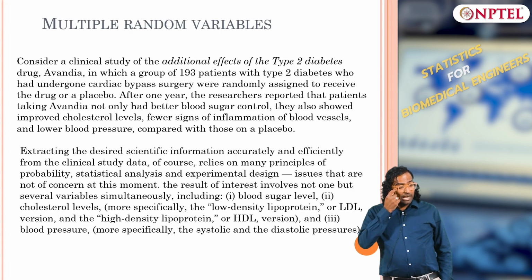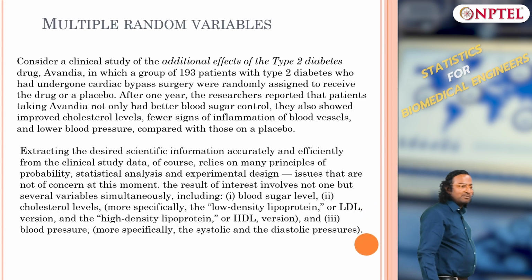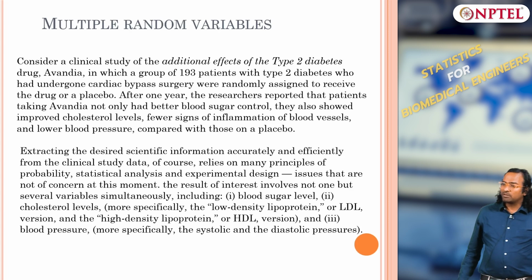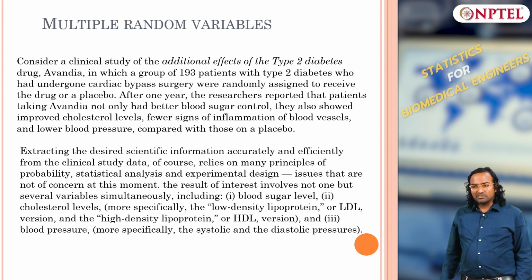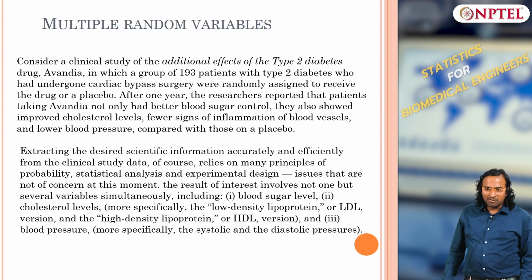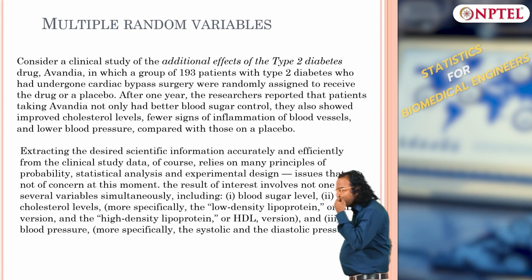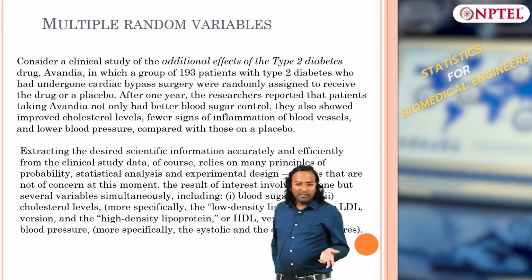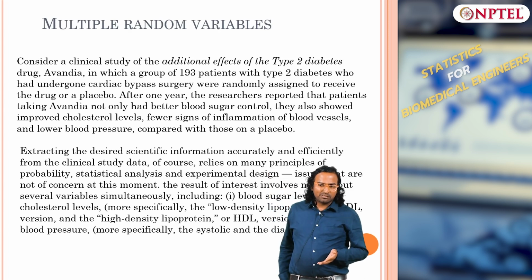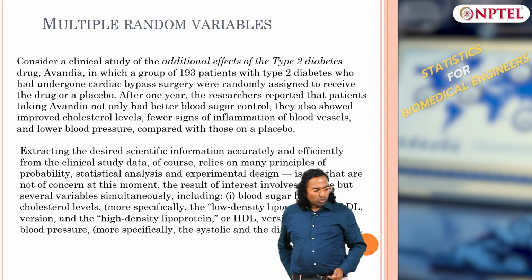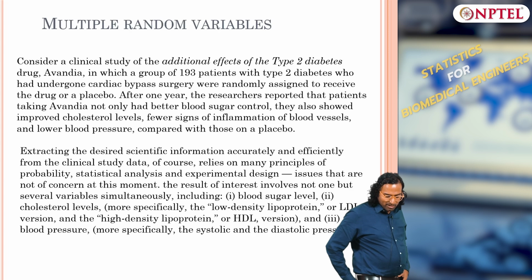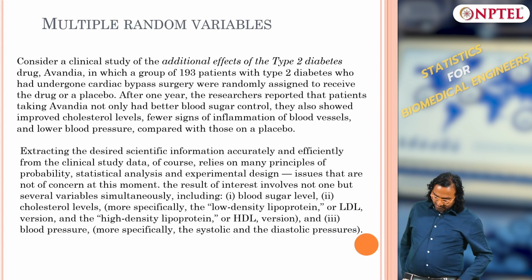So your diabetes for instance, or your blood pressure, is influenced by what? Too many factors, multiple important random variables. So if you want to study blood pressure, you need to know the relationship between blood pressure and various important variables. Like let us say if you are talking about sugar control in diabetes, what all could influence it.